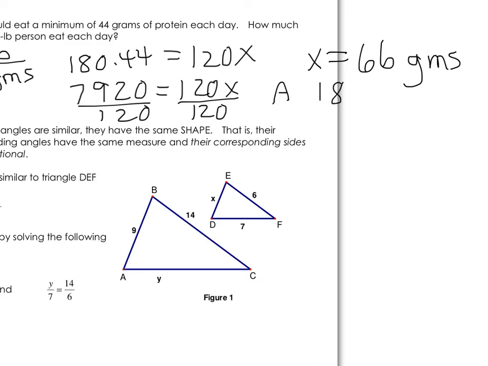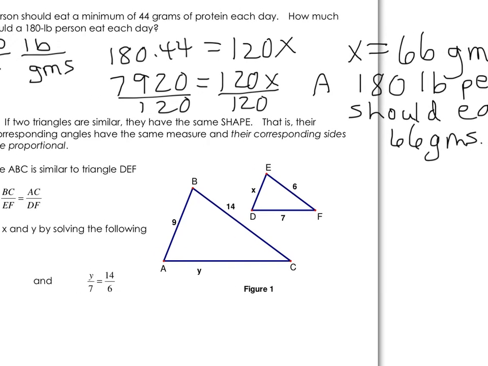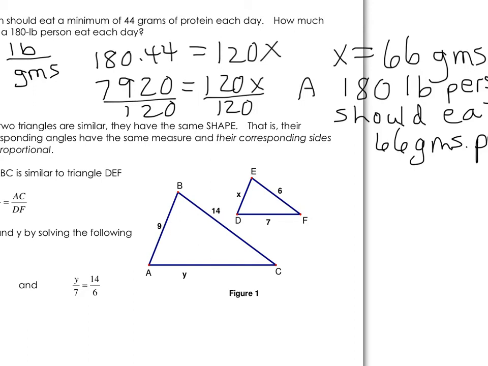A 180-pound person should eat 66 grams of protein. That's our solution. Let's go back to the original problem and think about that. 120 pounds eats 44 grams. 180 pounds eats 66 grams.